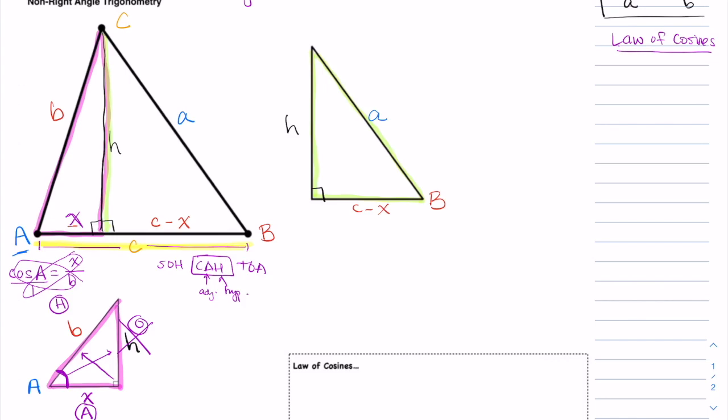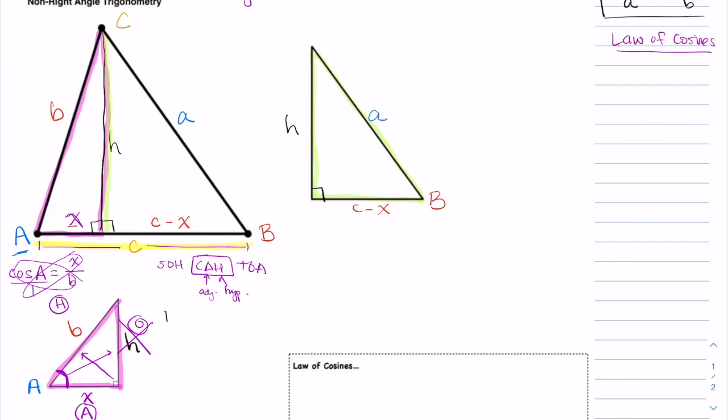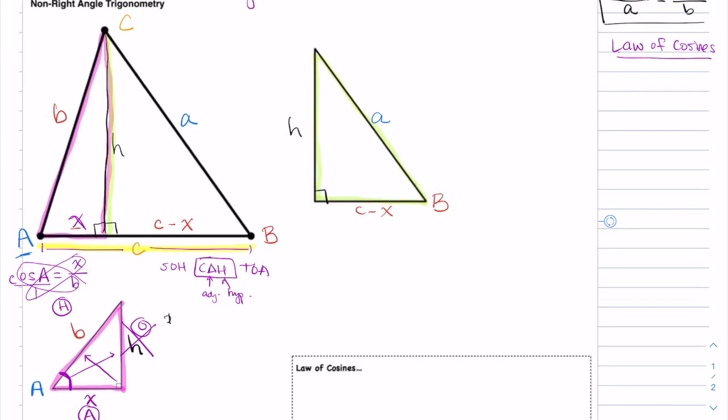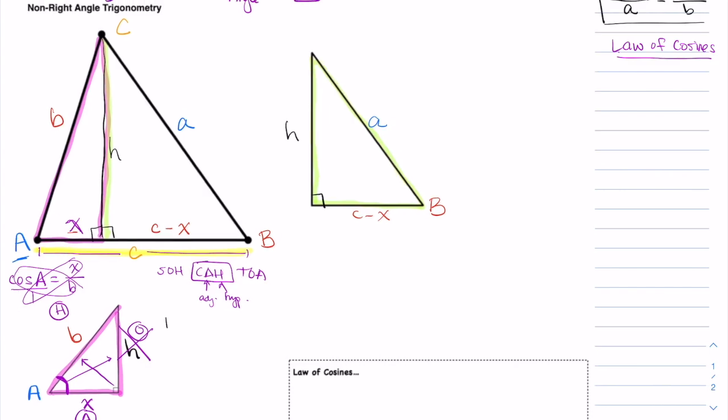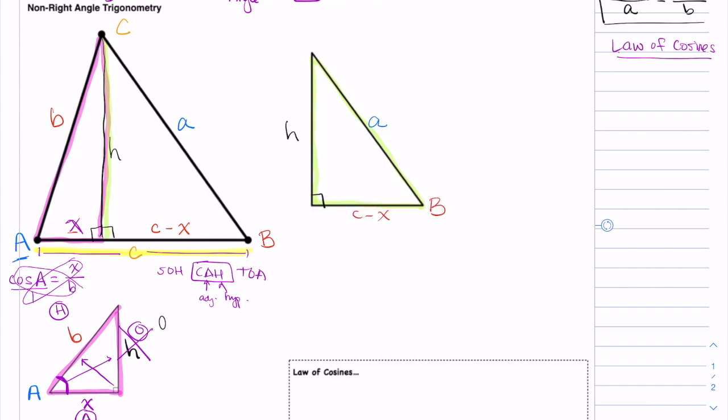Okay, second big relationship, friend of ours. We're also going to need the Pythagorean theorem in this case. Okay, Pythagorean theorem.